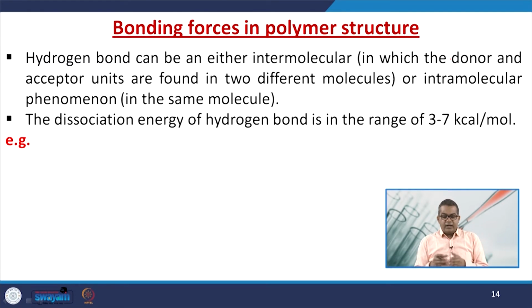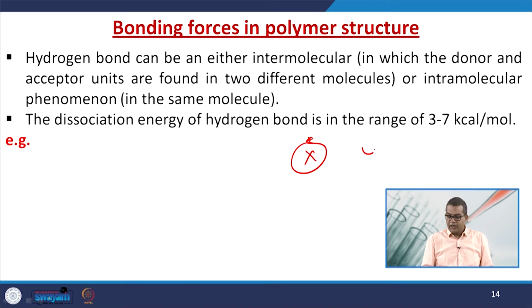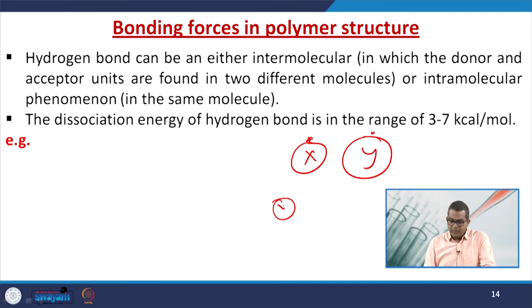So, they can be either intermolecular, in which the donor and acceptor units are found in two different molecules. Maybe the donor is available here and the acceptor unit is available here. This may be formed in two different molecules, or it can be an intramolecular phenomenon in the same molecule, sometimes like this.